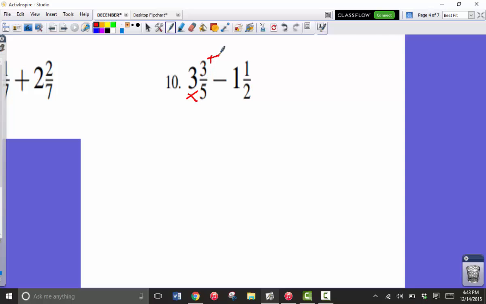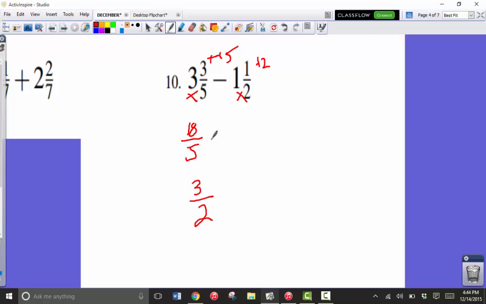And then add it to your numerator. 15, 16, 17, 18. Keeping the same bottom number. Do the same thing with your second fraction. 1 times 2, 2. Add it with the numerator. 2 plus 1, that's 3. Keeping the same bottom number.